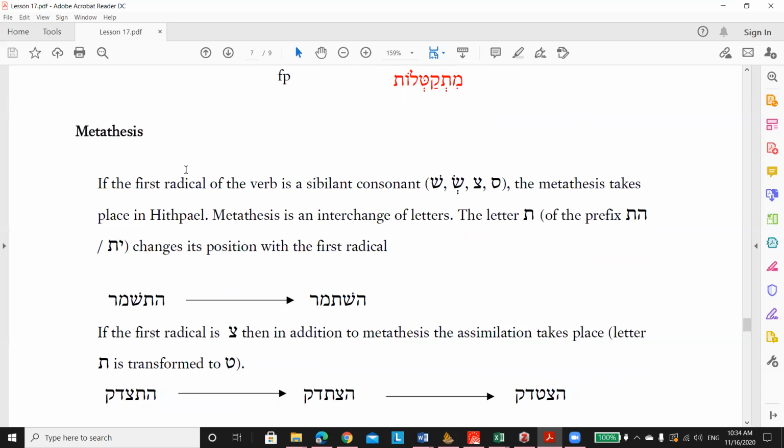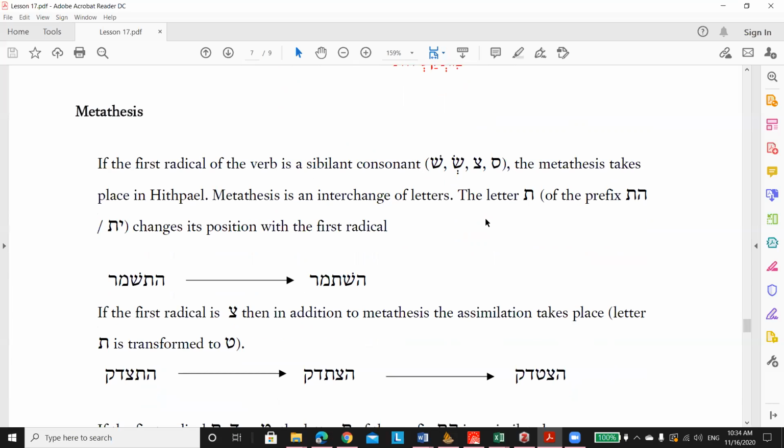For example, if the first radical, or the first consonant of the verb, is a sibilant, or whistling sound like sh, s, then they change the order of the letters, and the letter of the prefix and the first letter of the root change their order.